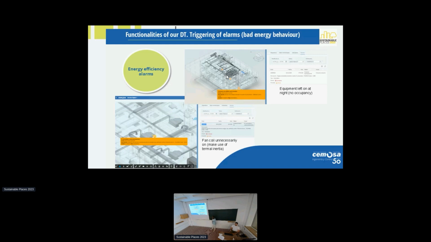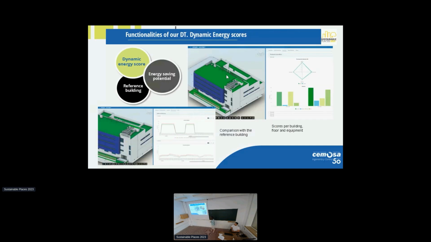Also, for example, here, this is a fan coil, and we identified that we didn't need to have the fan coil on because we already were in comfort condition. So this was also an energy alarm because we identified that we could turn this fan coil off and we still would be in comfort condition. And that is something that we are implementing, that we are running now, and so we are saving energy.